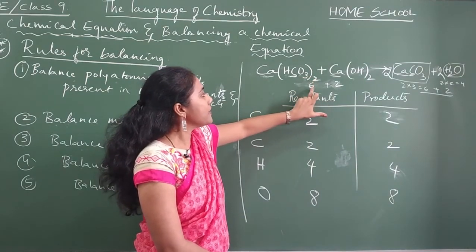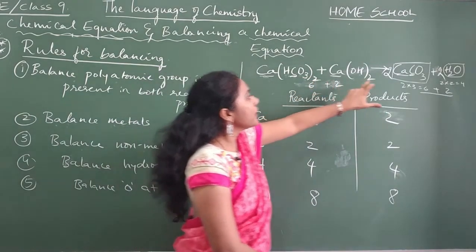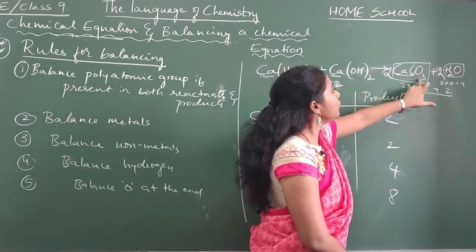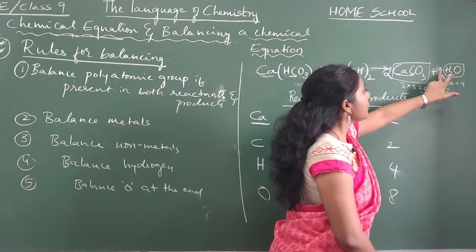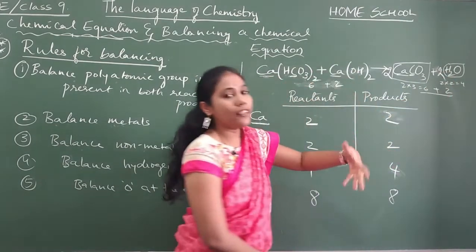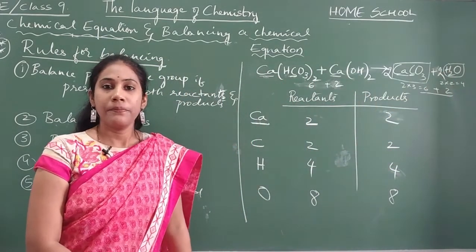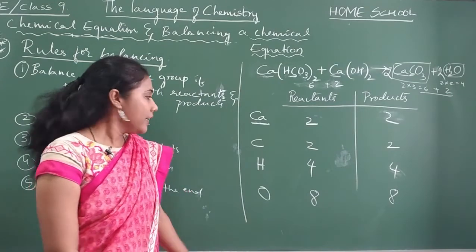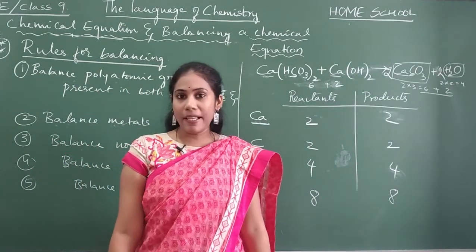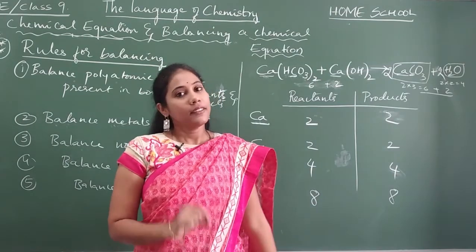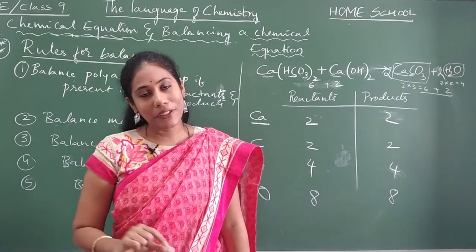Oxygen 3 into 2, 6 like that. So here, if it is there, 2 into 3 like this you will count. Here, hydrogens 2 into 2, 4. There you have to multiply. Clear, everybody? So when you practice with more examples, you will become perfect with the balancing. When you don't practice, this remains as an alien topic only.